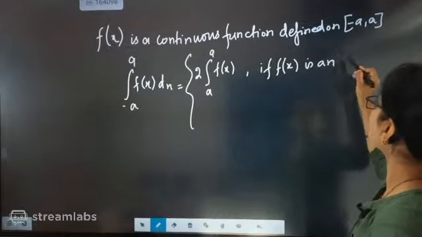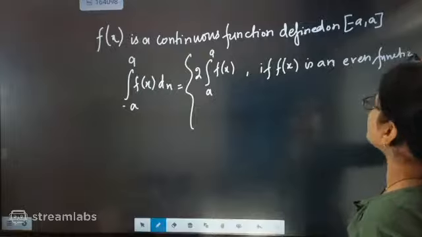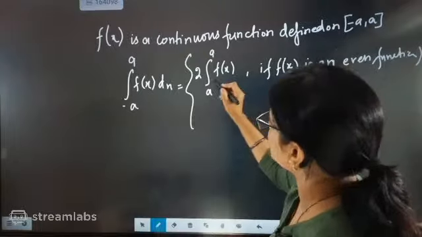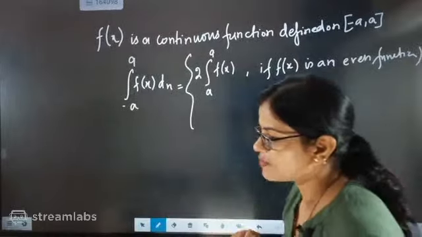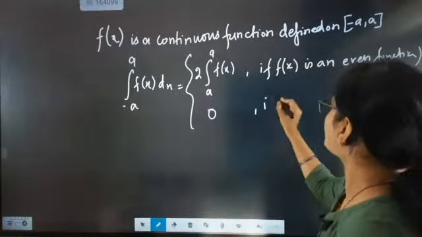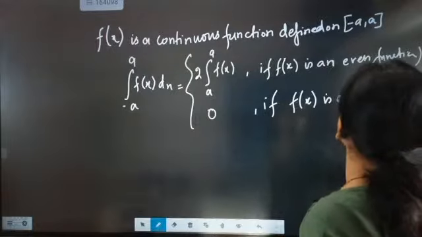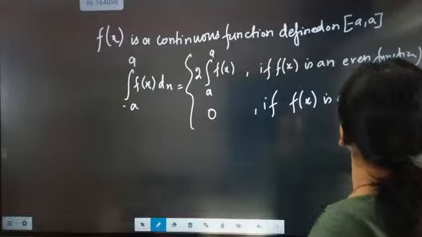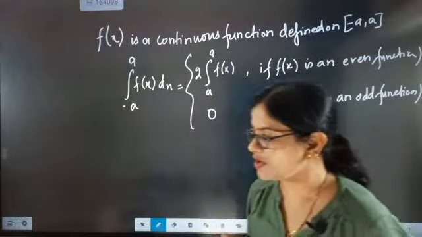The moment f of x becomes an even function, f of minus x becomes f of x, and this integral will come. And it will become 0 if f of x is an odd function.